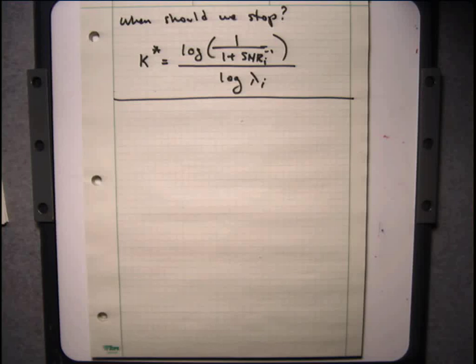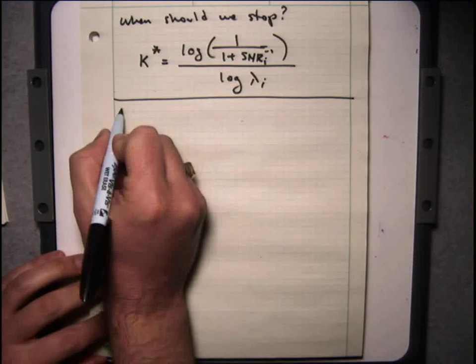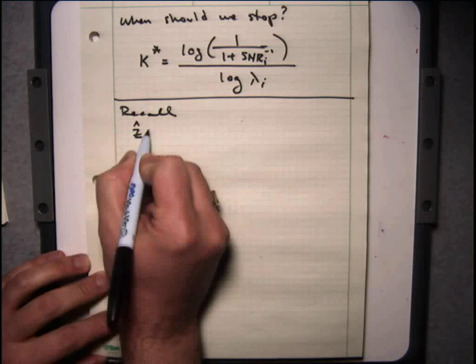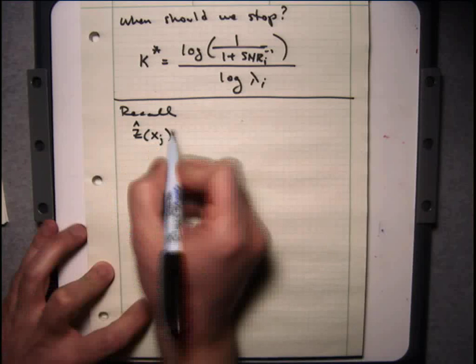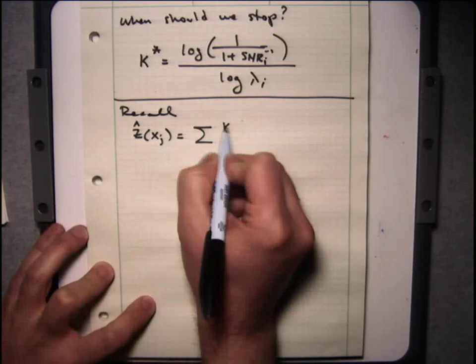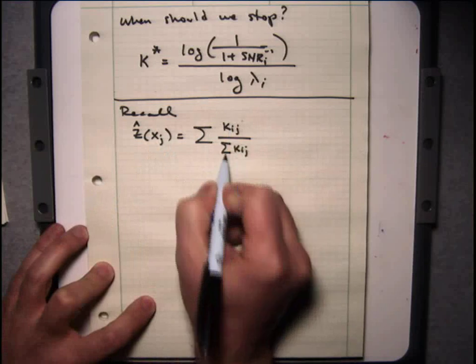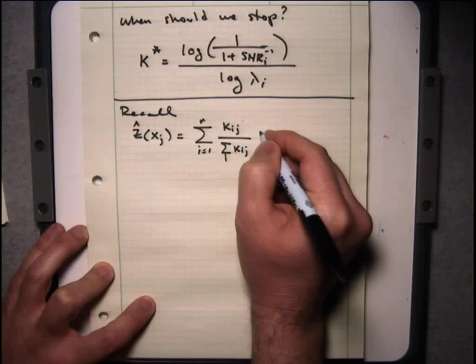But let me just stick to the one-dimensional case and give you a little more intuition about what these things look like. Recall that the estimate had the following form. Z hat of xj at any point xj is equal to the sum of a bunch of coefficients Kij, normalized by the sum of Kij over i, times yi.